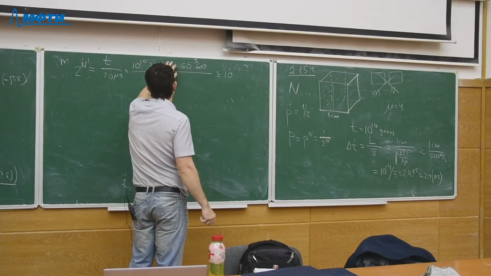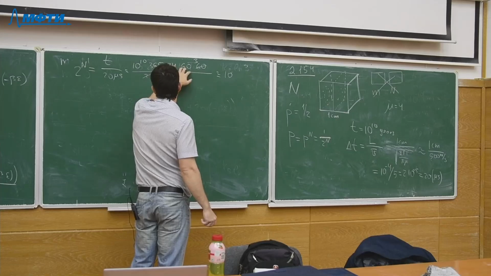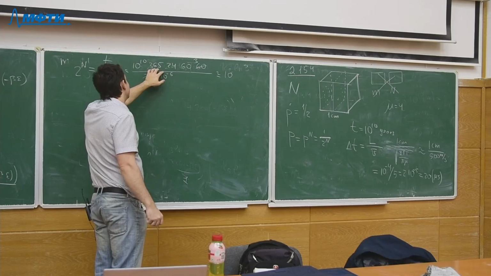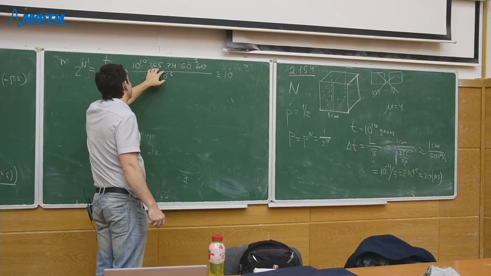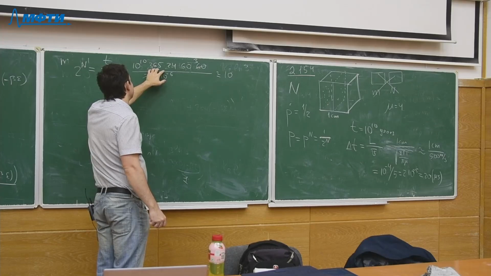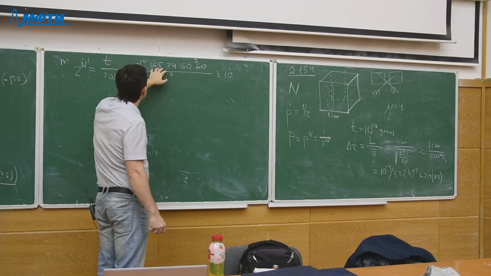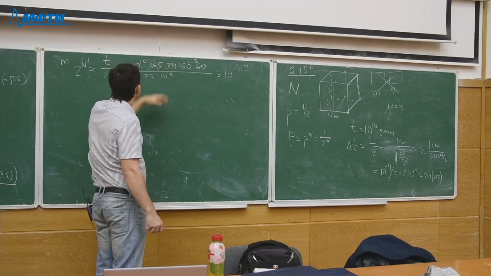So this is approximately 50, so this is 5,000. 5,000 by 400 approximately, that would give me 2 million.